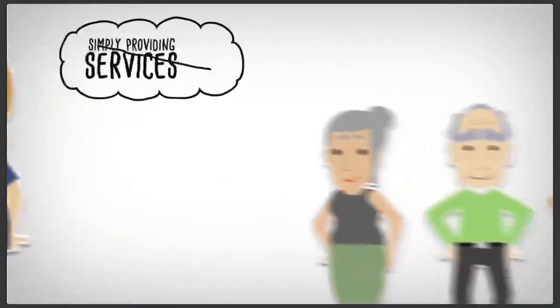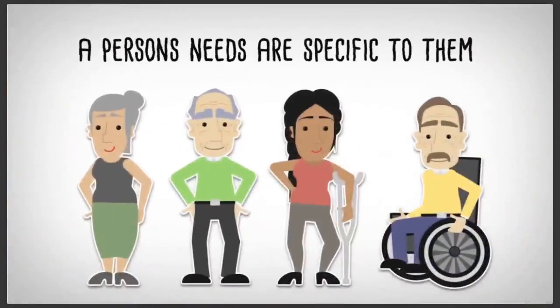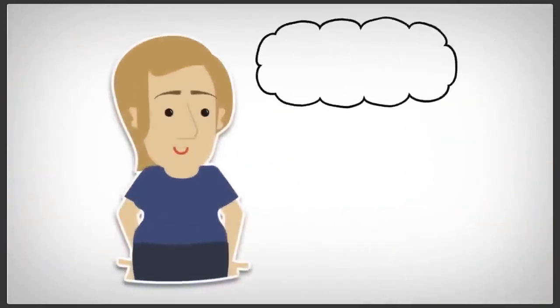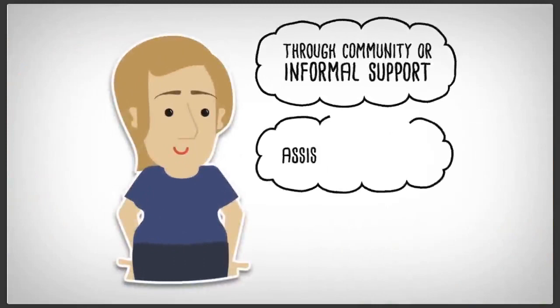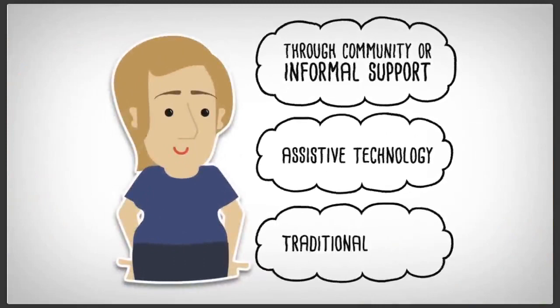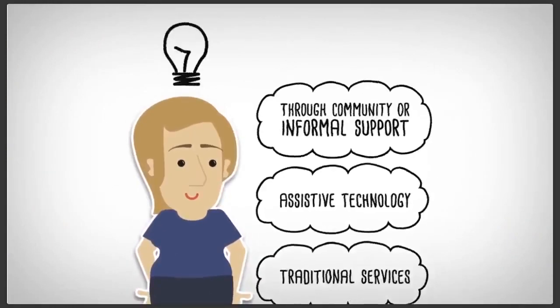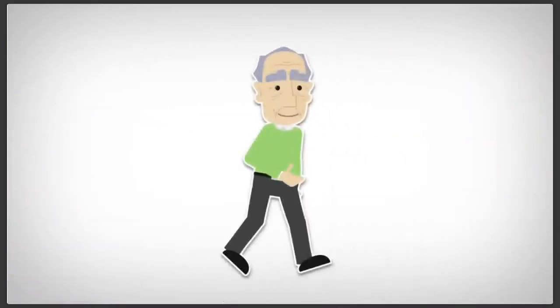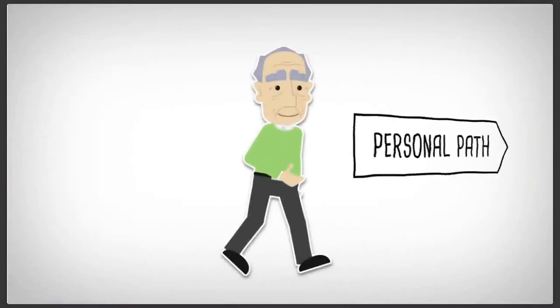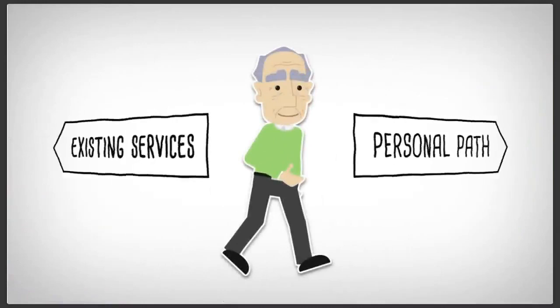A person's needs are specific to them, and there are many ways in which they can be met, for example through community or informal support, assistive technology, or traditional services. This shift enables a more creative approach to support planning, one that focuses on the individual and the direction they want their life to take, rather than the provision of existing services.